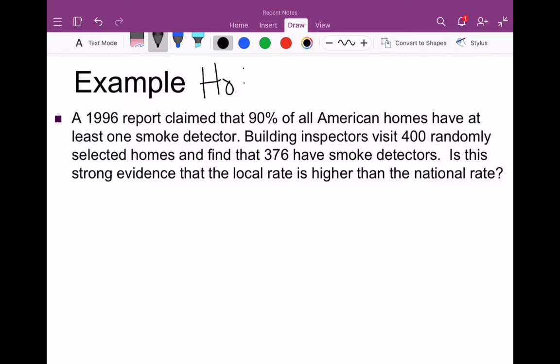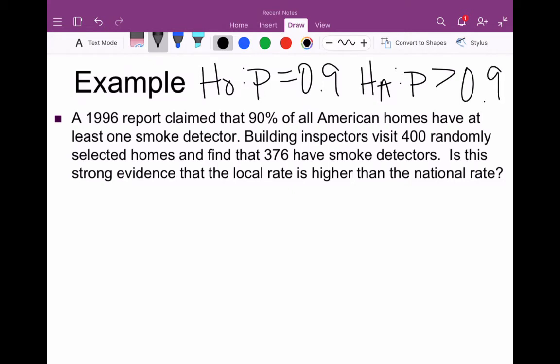Again, our null hypothesis is that there's nothing different, nothing interesting, nothing new. So that the current rate or proportion of people with smoke detectors is still 0.9 or 90%. We want to know if the local rate is higher than the national rate. So that means we're interested in our proportion being greater than 90%.